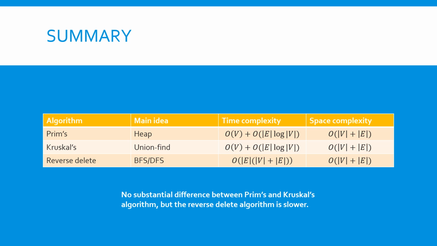Prim's algorithm and Kruskal's algorithm have the same time complexity of O((V + E) log V), while the reverse delete algorithm has a slower time complexity of O(E(V + E)). All of them have the same space complexity of O(V + E).